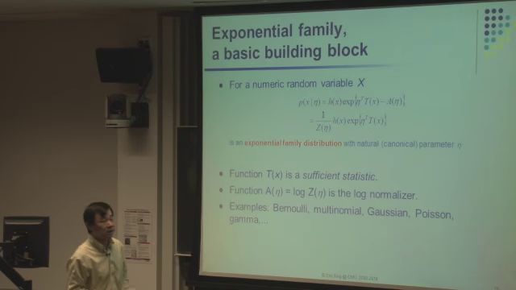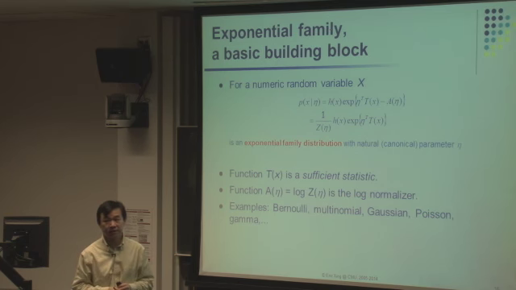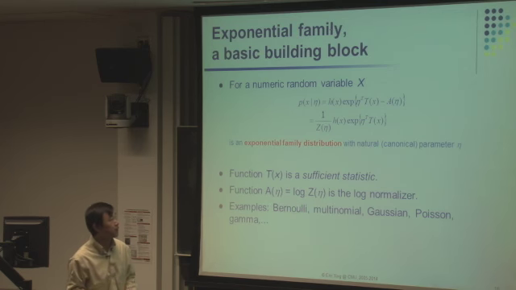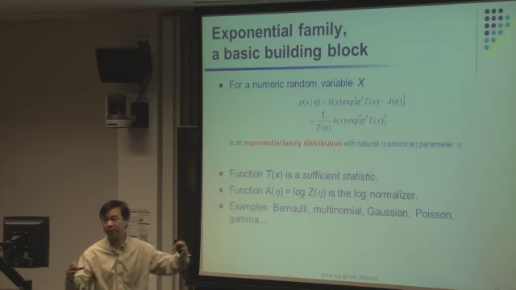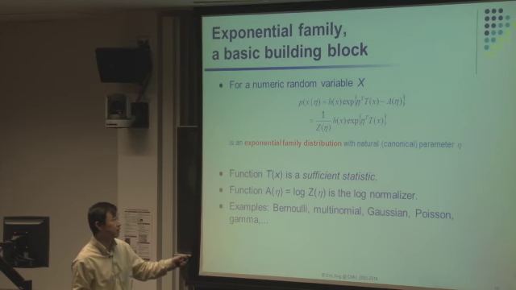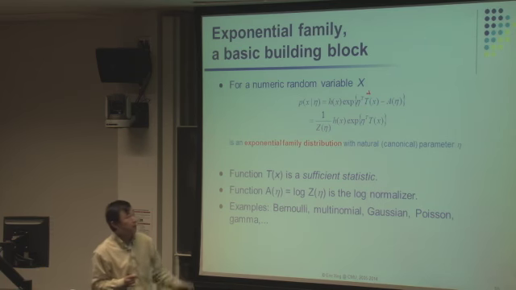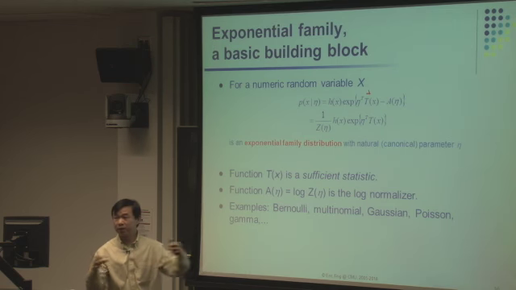exponential family distribution takes the following form. It has the following components. T(x) is called a sufficient statistic, which represents either x itself or some transformations of x. Okay, and we can see a few specific transformations later. It's actually likely a vector because you may have different ways of transforming x. So this is a T vector. Let's make it more explicit in here. And then you have another eta vector, which is the weight on each of the sufficient statistics.